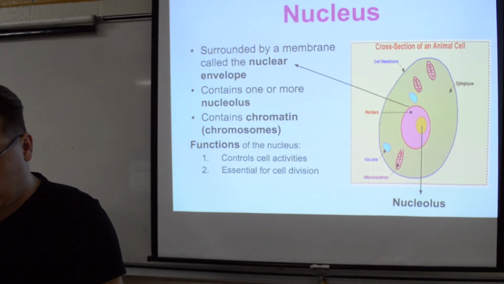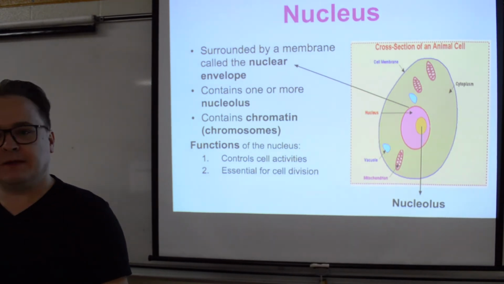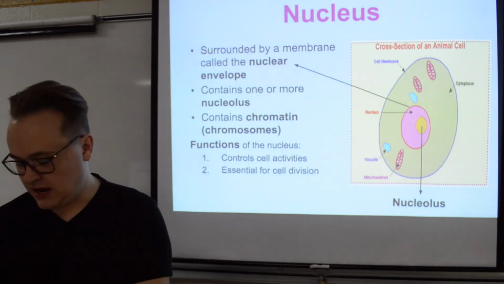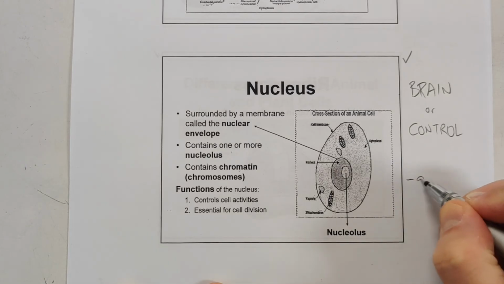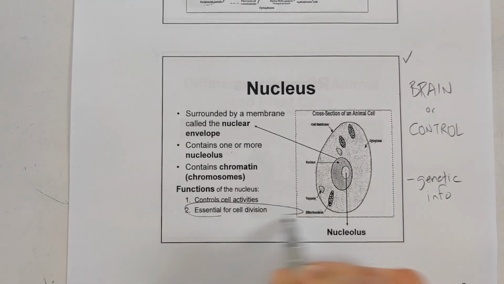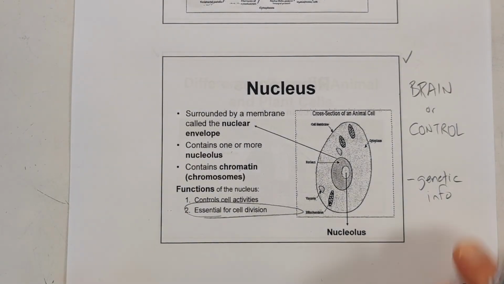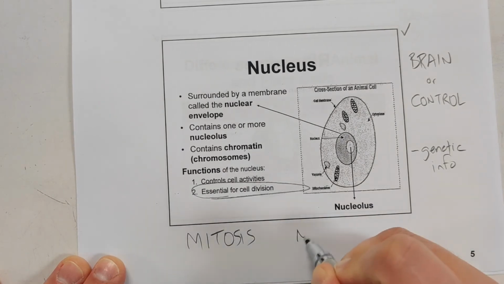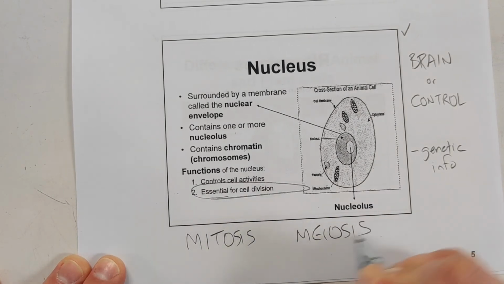Contains chromatin and chromosomes. It has all of the genetic information. So, I would write on the side, genetic info. And this is key right here. Essential for cell division. We're going to talk about two things later: mitosis and meiosis.